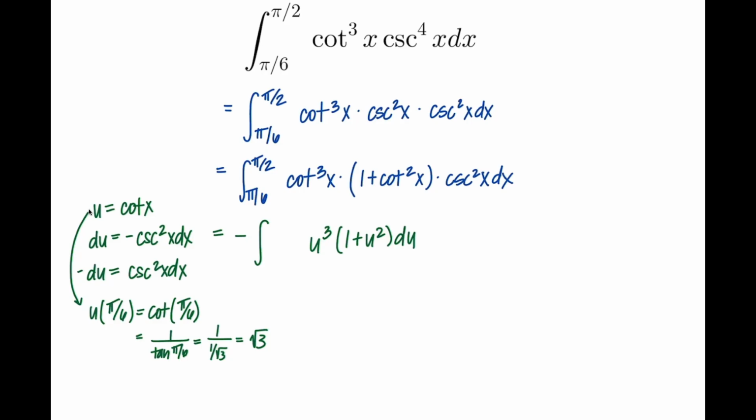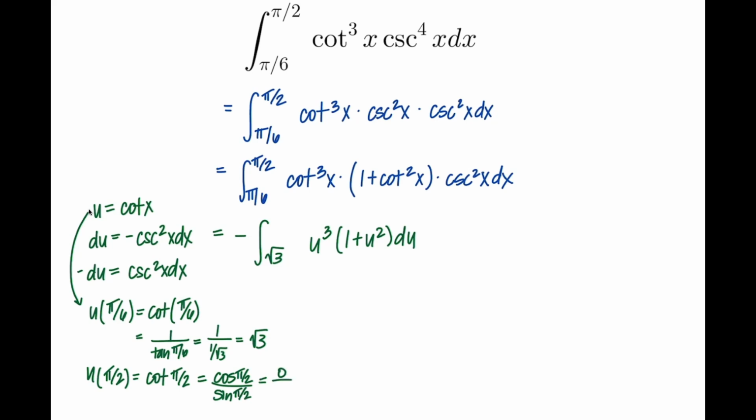So that means that the lower limit of integration is radical 3. And if I plug in pi over 2, u of pi over 2, cotangent of pi over 2 is cosine of pi over 2 over sine of pi over 2.